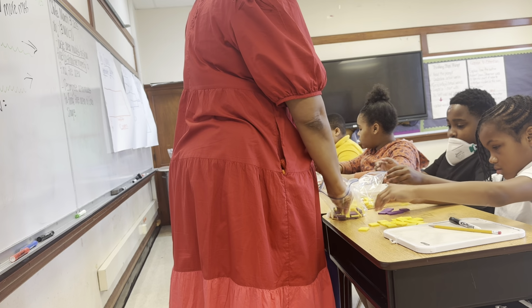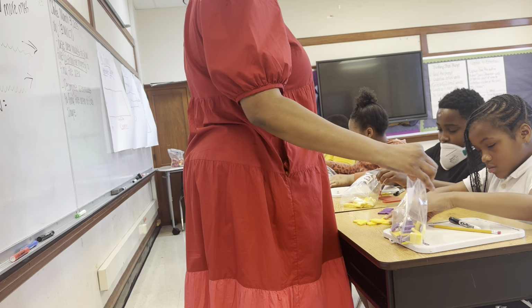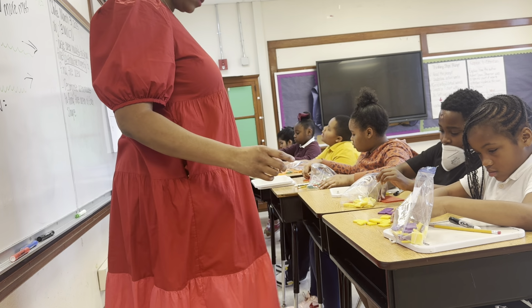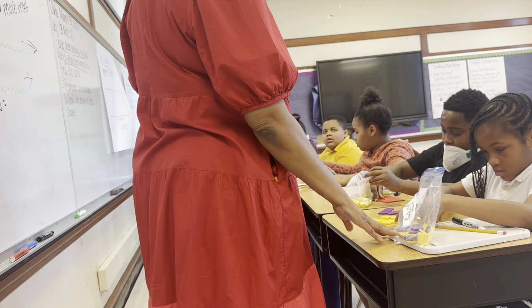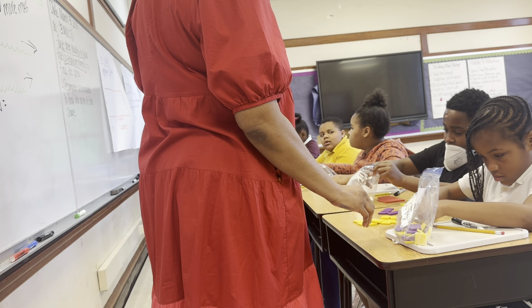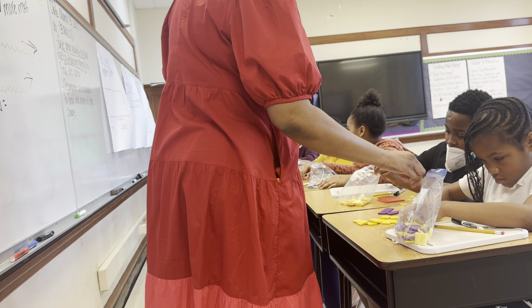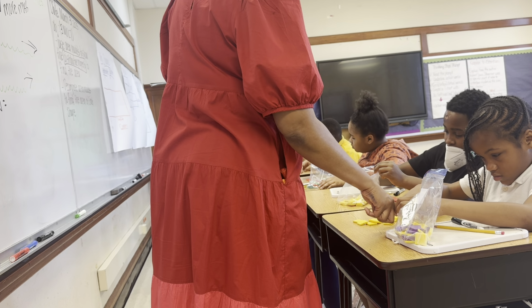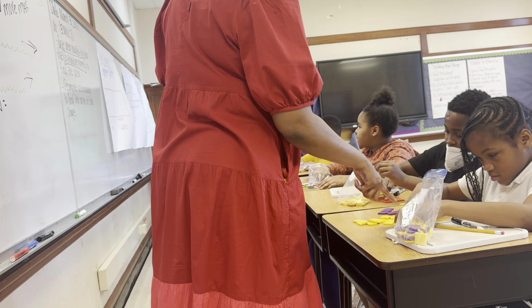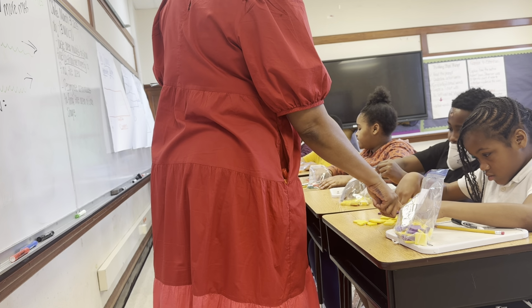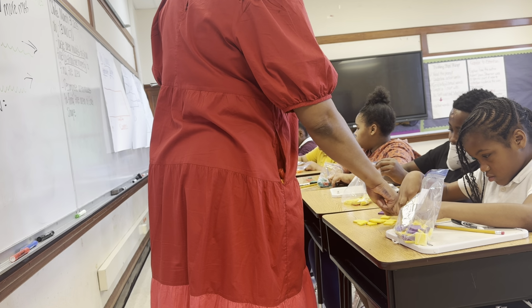It's 3 feet by 5 feet. So this is 1, 2, 3. Now you have to have 5. No, 3 feet by 5 feet. So that's 1, 2, 3, 4, 5.